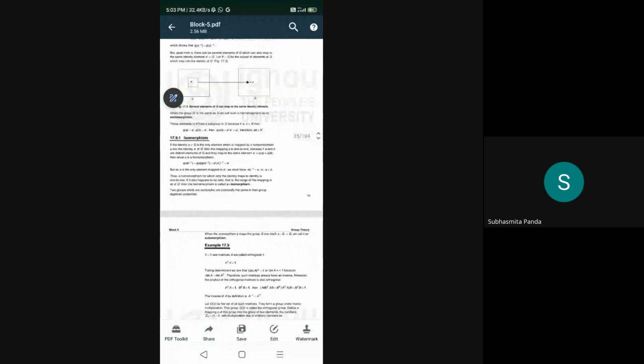Then what is isomorphism? If the identity E belonging to G is the only element which is mapped by a homomorphism phi into the identity E dash of G dash, then the mapping phi is 1 to 1. Because if A and B are distinct elements of G and they map to the same element A dash, equal to phi A equal to phi B, then since phi is a homomorphism, you can write phi of A B inverse equal to phi A, phi B inverse, equal to A dash A dash inverse, equal to E dash.